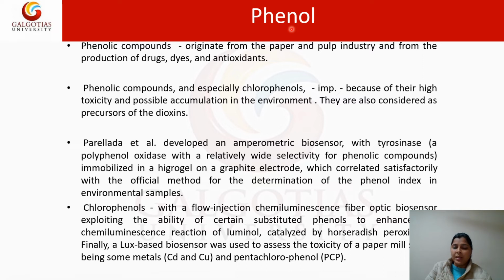Scientists have developed amperometric biosensors with tyrosinase, a polyphenol oxidase with relatively wide selectivity for phenol compounds, which can measure the presence of phenol in the environment. For chlorophenols also we have developed biosensors.